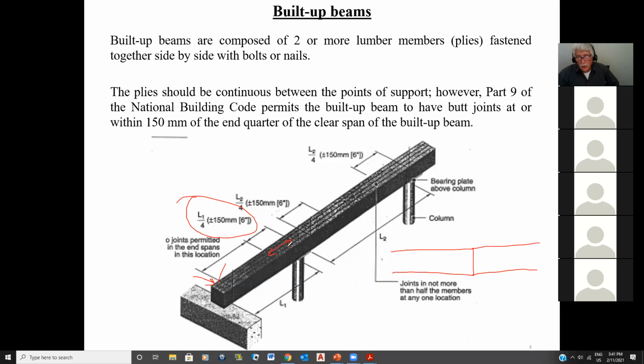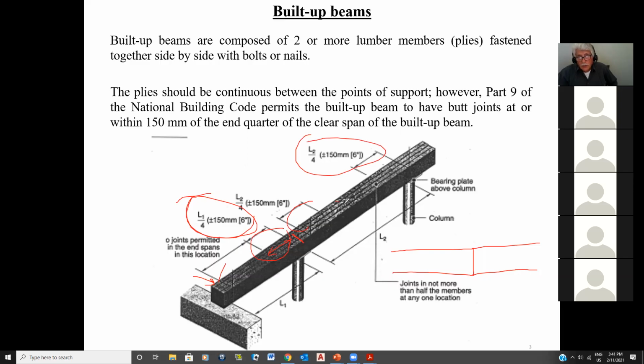Otherwise, the only place you should really be putting your butt joints would be right over your reaction area here. So if you want, you can have butt joints, but they're only allowed in this location and in this location.